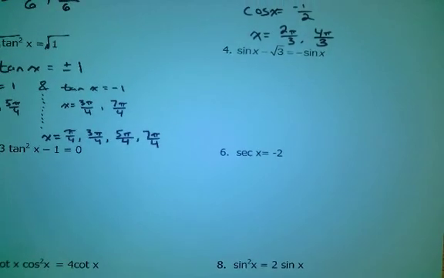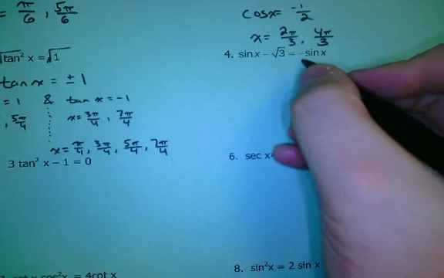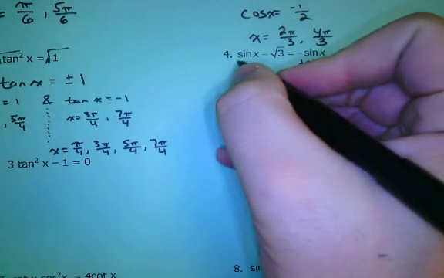Okay, next one. Ooh, this looks fun. Not really. Okay, let's get all of our sines together and everything else on the other side. So what can I do? Well, if you divide by sine, you get a -1. Yeah, but then you're going to get root 3 over sine. That's no good. Add sine on both sides so that we can get our sine.